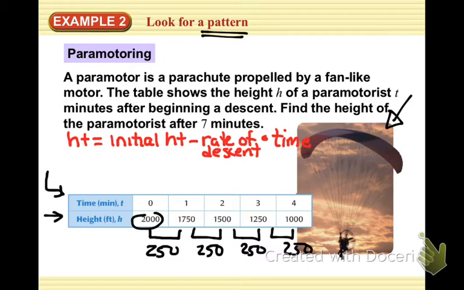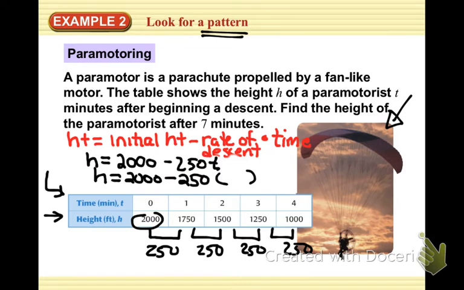So now we'll change our verbal model into an equation and solve it. Okay, so we have height equals 2000 minus 250, and for time it said 7 minutes. So we're going to subtract 250 times 7, which is 1750.